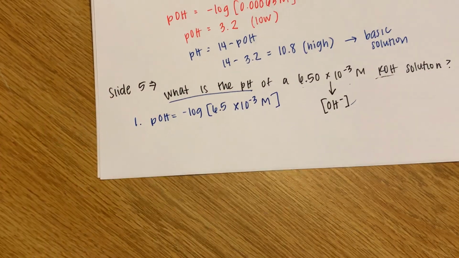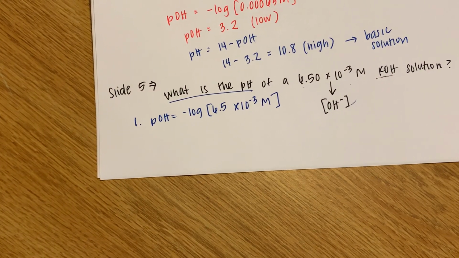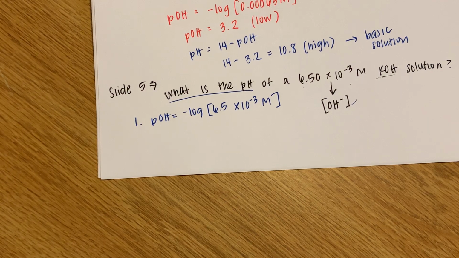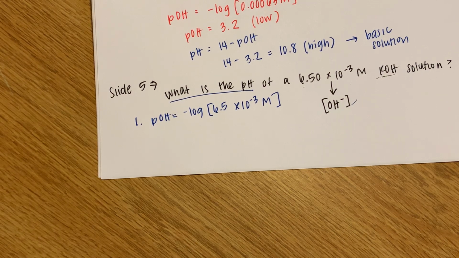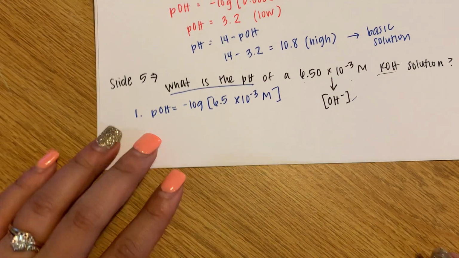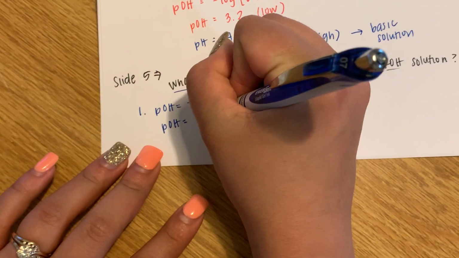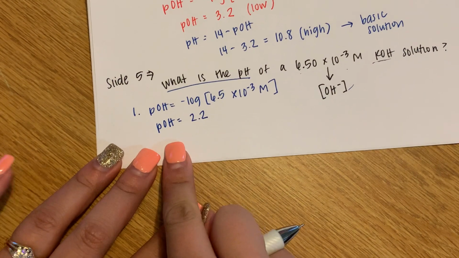When I put that into my calculator, let me do that really quick. We do negative log of 6.5 times 10 to the negative 3. We get about 2.2, so our pOH is about 2.2, right? But I don't want pOH, I want pH.